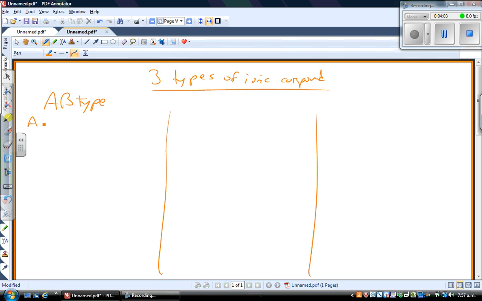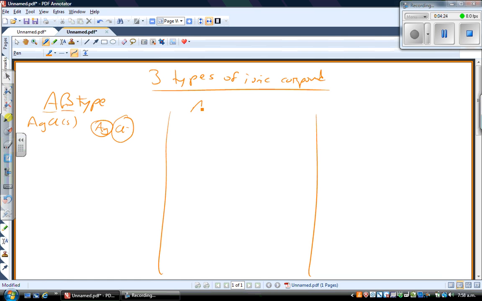An example of this would be AgCl, silver chloride. And the reason this is an AB type, this just refers to the ratio of cation to anion. So you have one cation to one anion. So AgCl is a good example. And what you simply have there is one silver ion ionically bonded to one chloride ion.